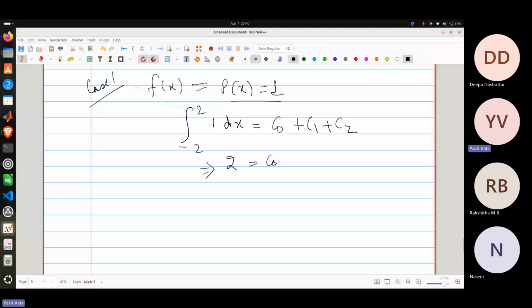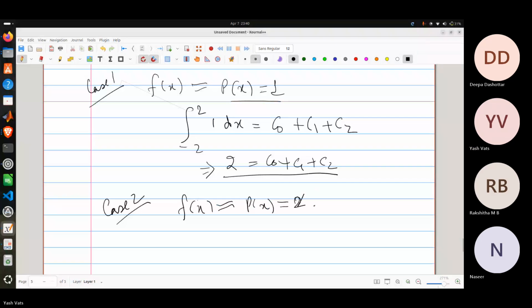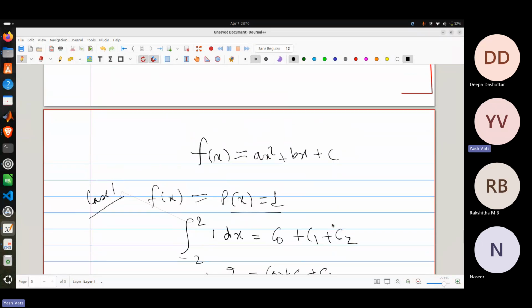So the first equation is this. Case 2, f(x) is approximated by x. Sorry, it's not x squared, it should be x. So in this case, f(x) is x.